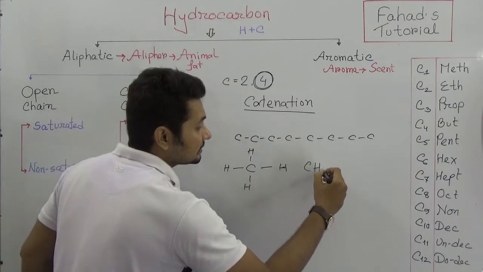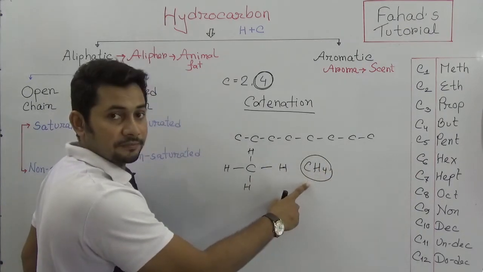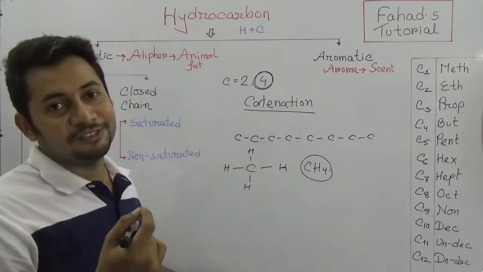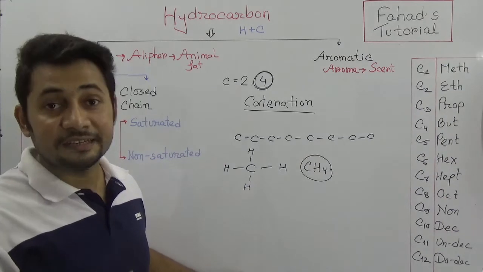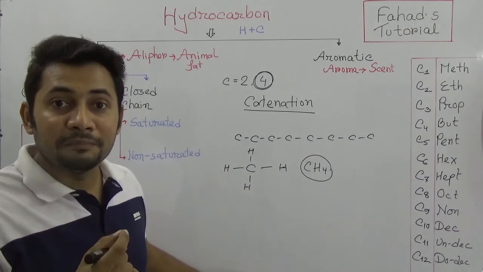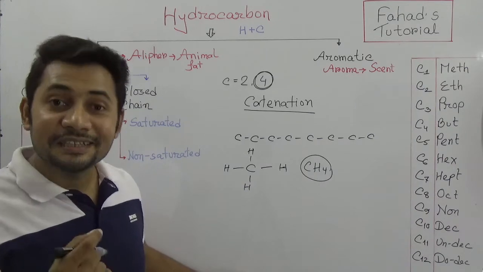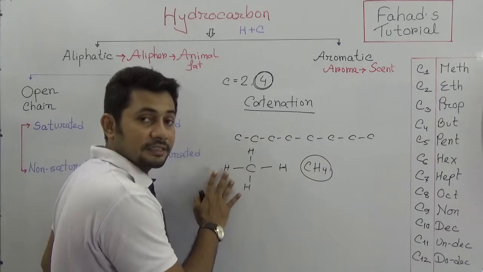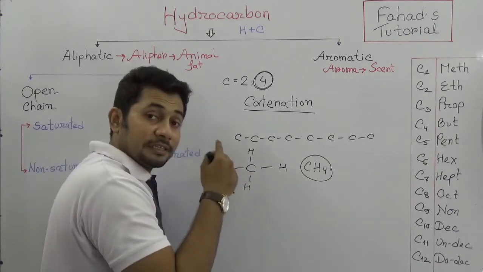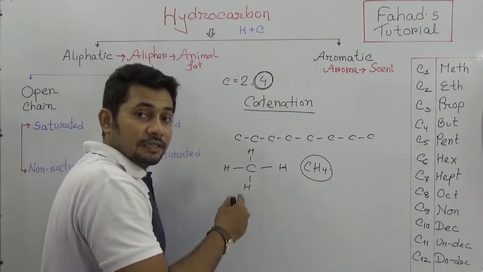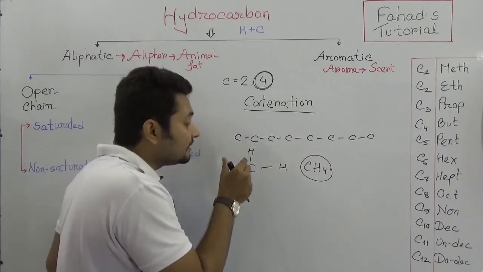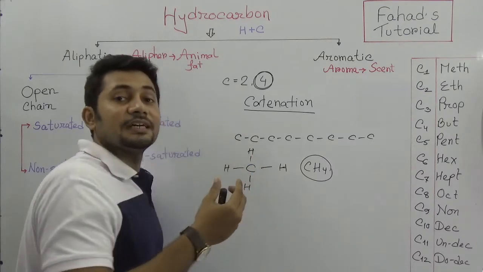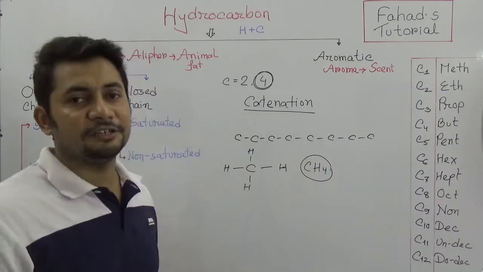We know this is CH4, methane, and this methane is the first compound of organic chemistry. You can say this is an alkane, the primary member of the alkanes, that is methane. This methane comprises 1 carbon and 4 hydrogen. So simply 1 carbon can attach 4 hydrogens by single bonds, and this is methane, and that is why this is a hydrocarbon, because these compounds are made up of only carbon and hydrogen.